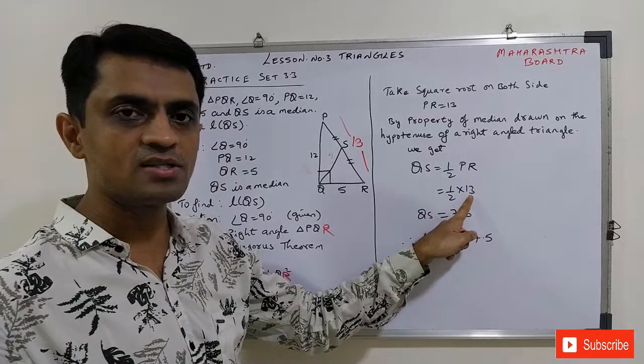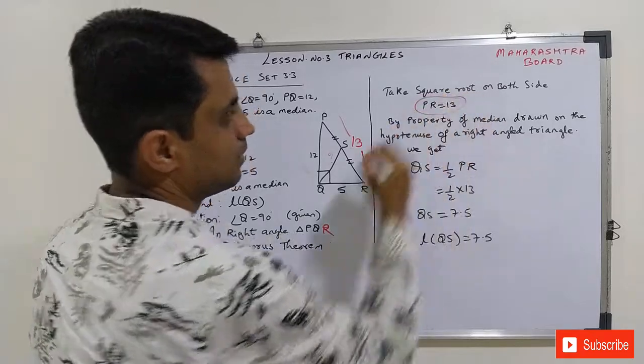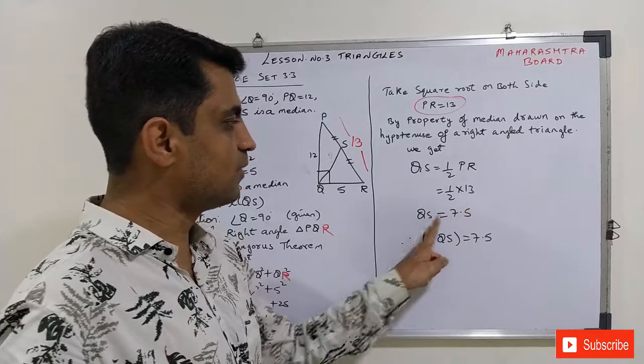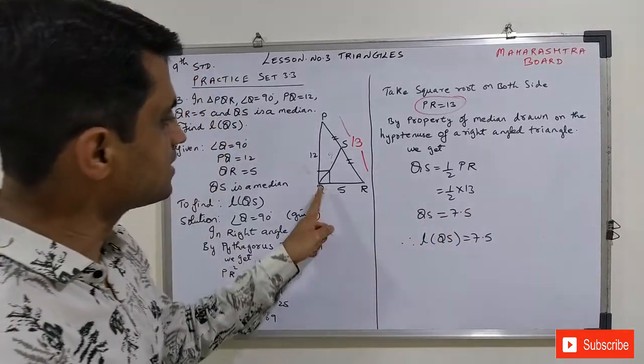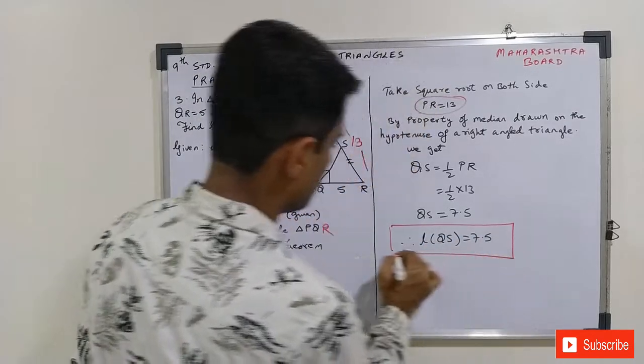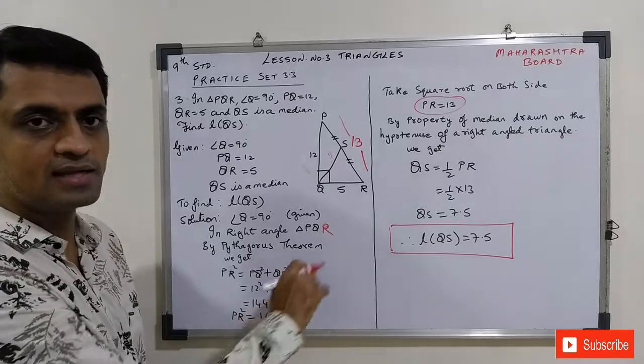So what is the hypotenuse? 13. For that reason only we found this one, so that we can substitute here. So half of 13, that is QS, is 7.5. So how much is QS? 7.5. And this is triangle PQR. Is it clear?